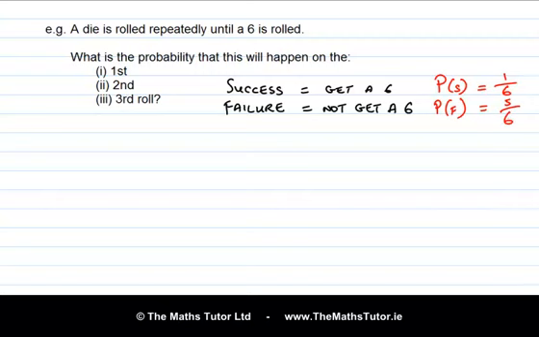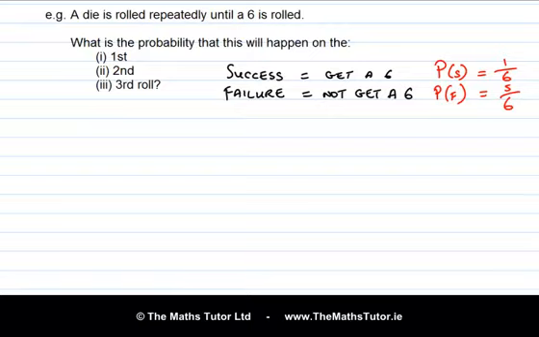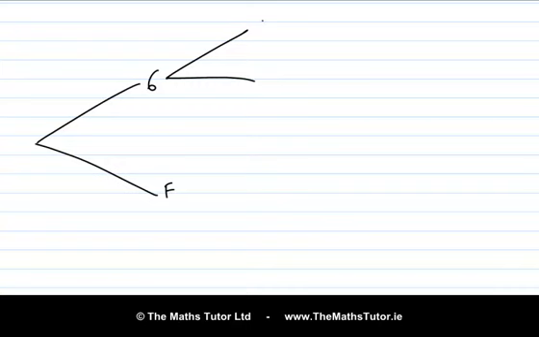So let's explore this scenario using a tree diagram. In the first trial we could have a 6 or we could have failure. Second trial we could have a 6 or failure.